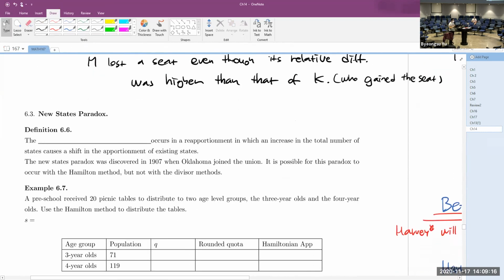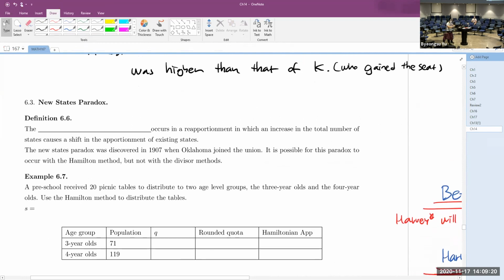Okay, so let's go to the new state paradox. As the name suggests, it occurs at a reapportionment when a new state is added. The United States started with 13 states, right? But as time went on, the states increased from 13 to 50.